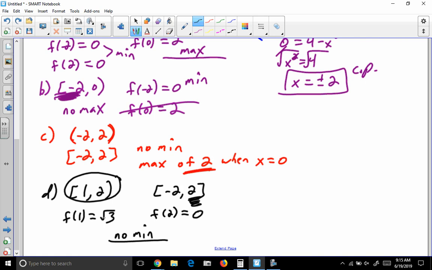So this is the higher of the two. There is no critical point in between, so that must be the maximum value on that interval. Where we would have had a minimum would have been the right side. That's not included, so we have no minimum.